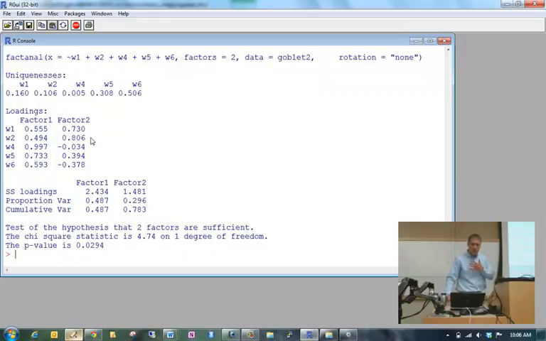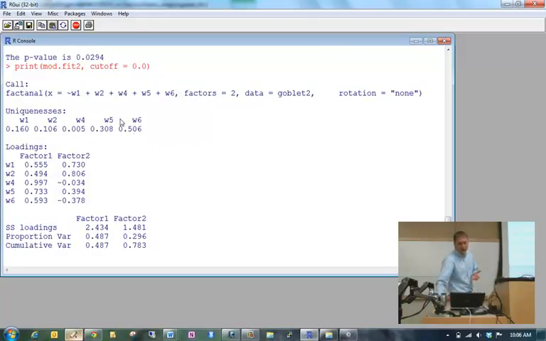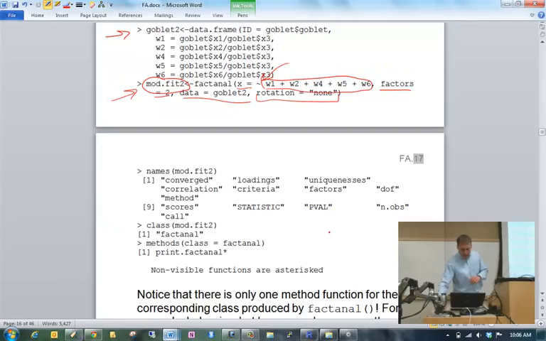Okay, let's talk more specifically about what's given to you in this output. First of all, I was actually just referring to this. We have something called the loadings. These are the lambdas. So let me actually go back here to my output so I can write on it.